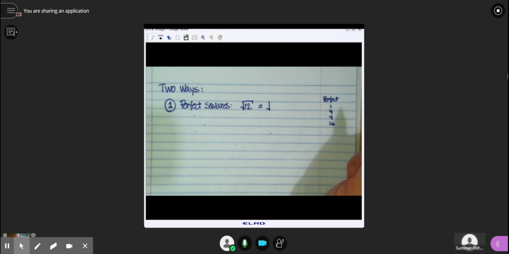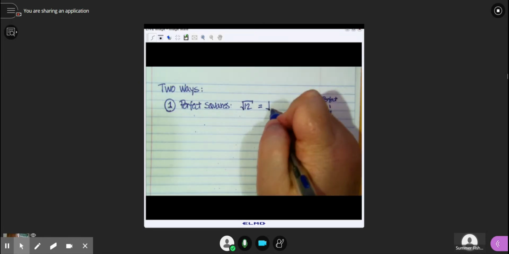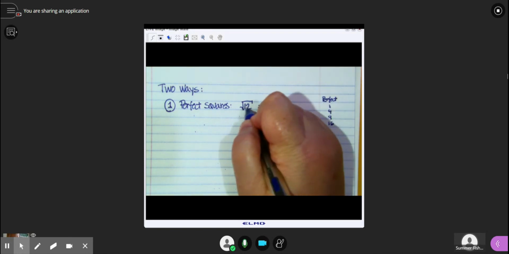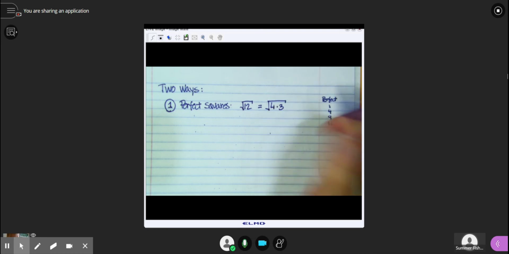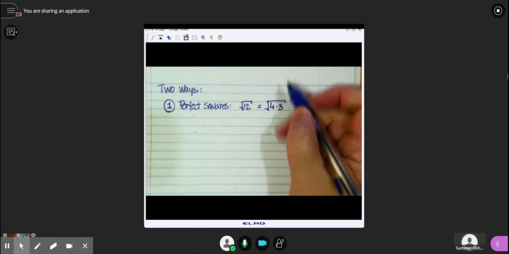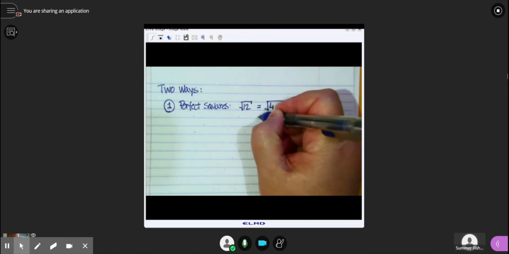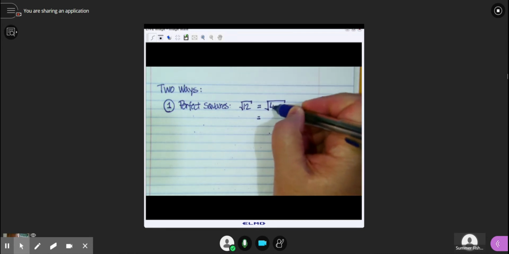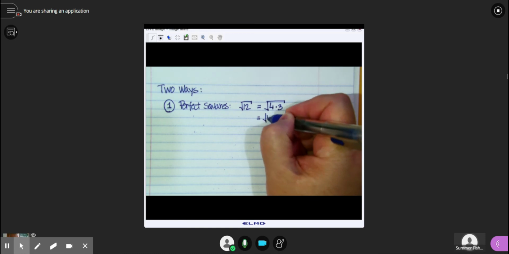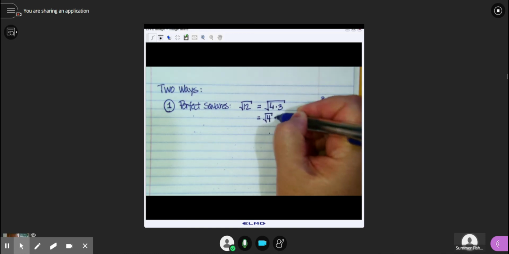Yes. So we could rewrite square root of 12 as 4 times 3. Oh, sorry. No, I meant goes into the radicand evenly. All right. So now that I've got 12 as 4 times 3, I can rewrite this as the square root of 4 times the square root of 3.